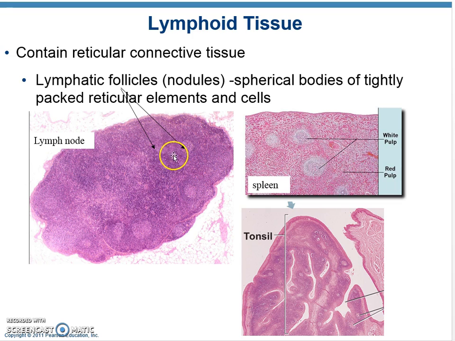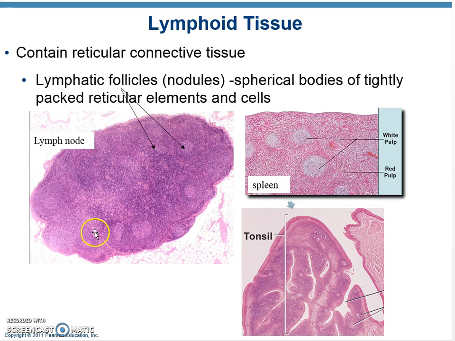But if you see these little circular structures here and there, the sort of lumpy accumulation of circular structures, that is indicative of lymphoid tissue. Each one of those is called a follicle or a nodule. I don't care that you memorize those terms, just so that in lab, when we look at lymphoid or reticular tissue, you'll recognize it when you see it.